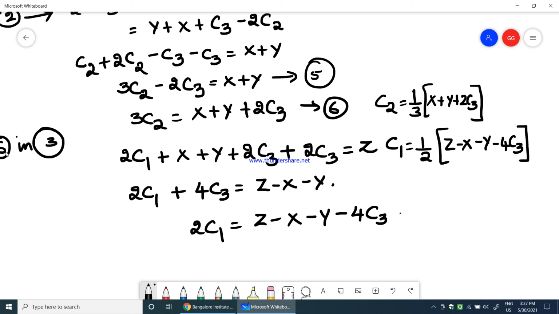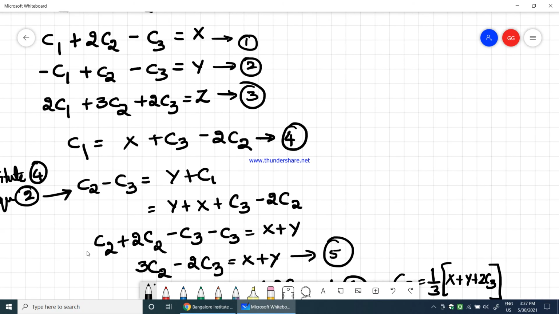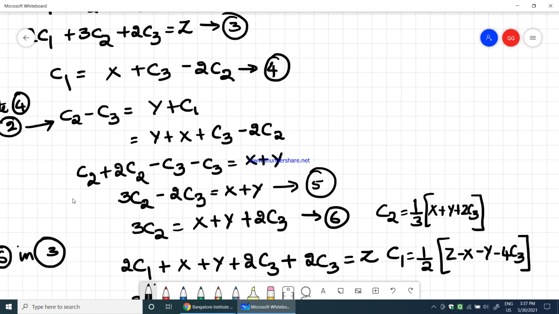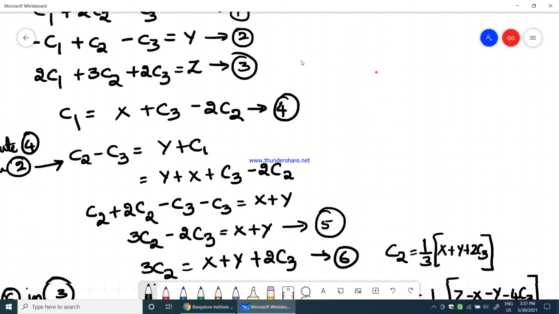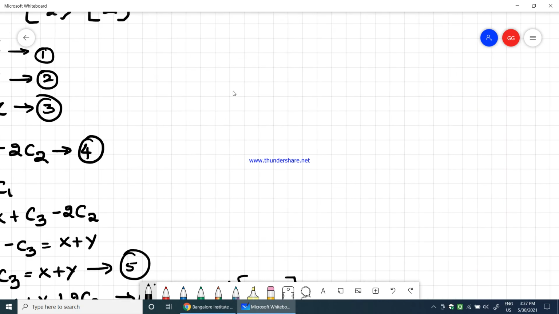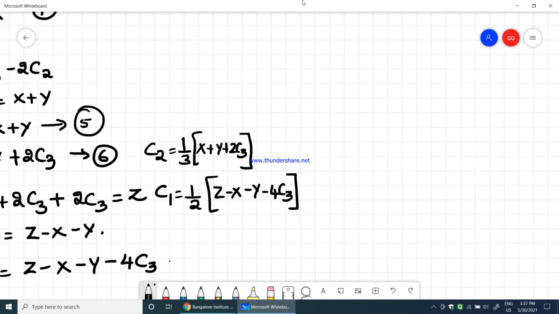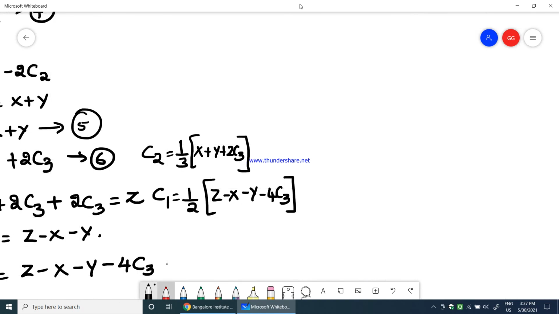Now I'll take again any one of these equations and substitute C1 and C2 to find out C3. Okay, so I'll take equation 2. In equation 2, minus C1, which is minus 1 over 2 times (z minus x minus y minus 4 times C3).